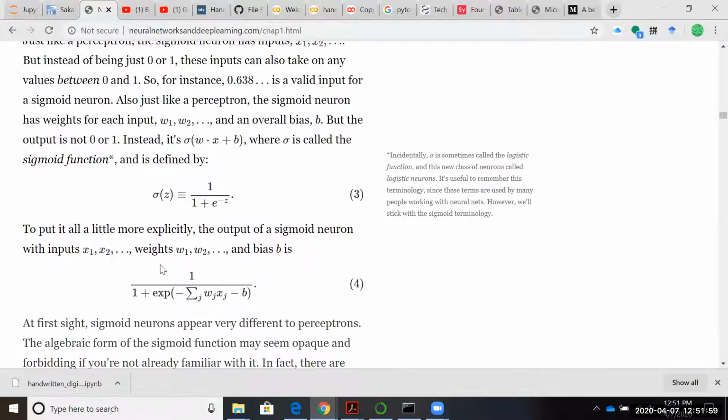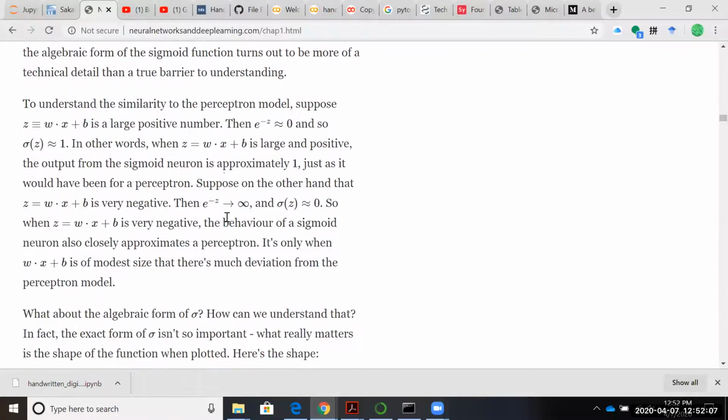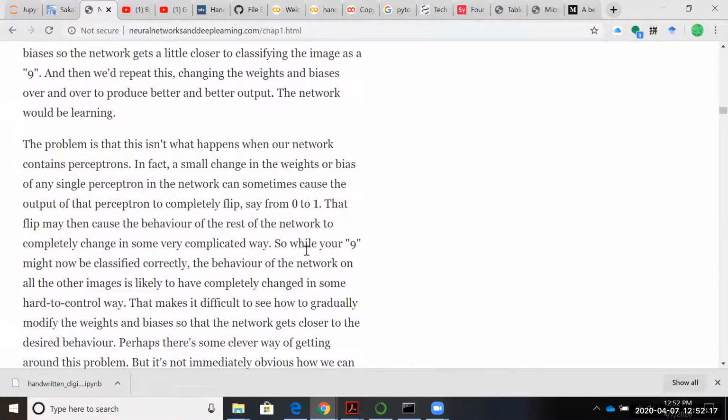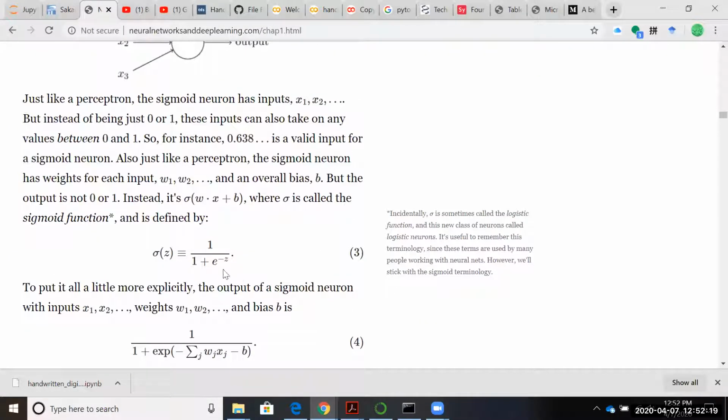If you look at this function, sigma z is 1 over 1 plus e to the minus z, and this function has this shape. When z is very, very big, e to the minus z is a small number, so sigma z is essentially close to 1.